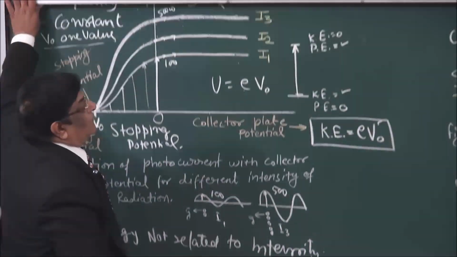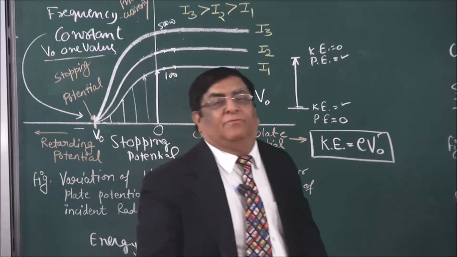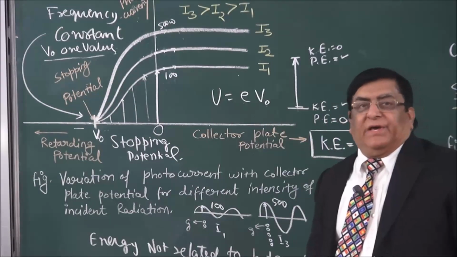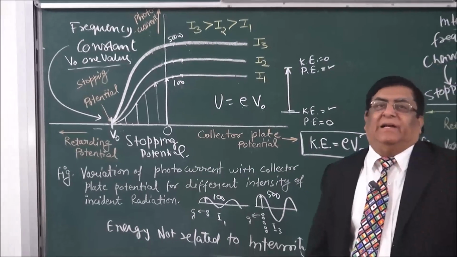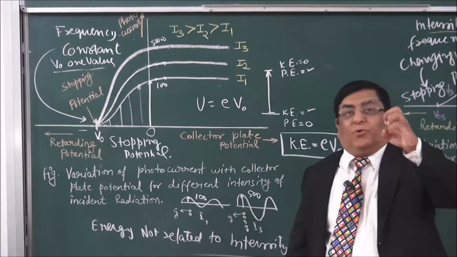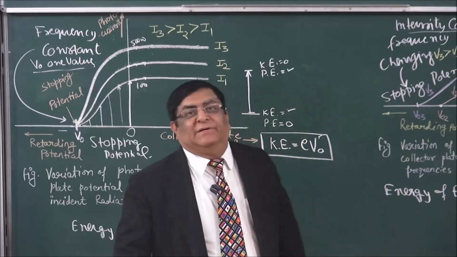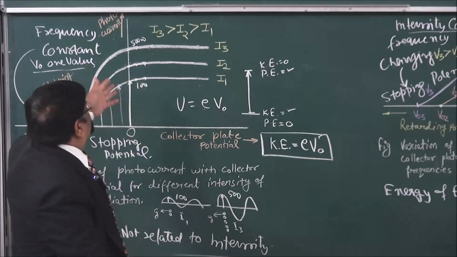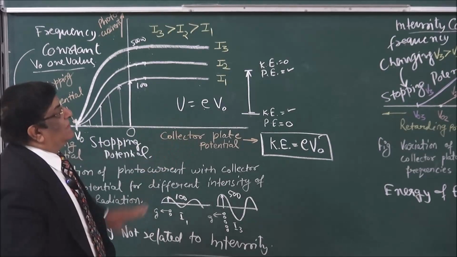So these are the two things which were a blow to our wave theory, which used to say that it is intensity which decides the energy. They say no, it is the frequency of the photon which decides the energy and not intensity. And this we have seen in both these cases.